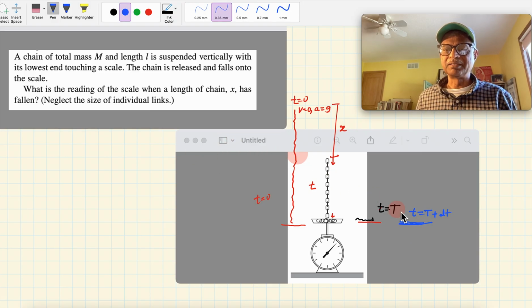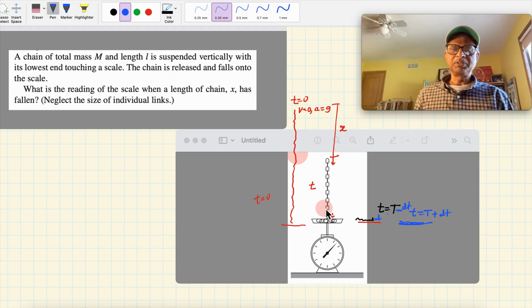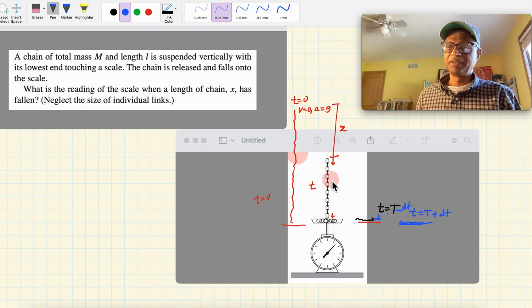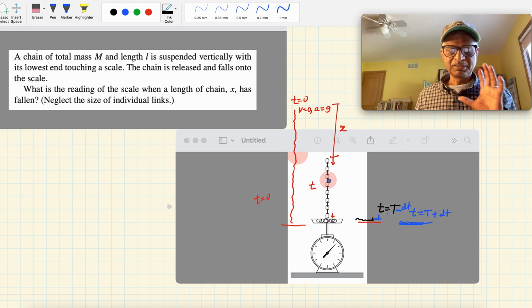T minus, let's call it t minus, t minus is this, t minus dt. This situation is different than that situation, because this very last bit is still falling, okay. So it's still falling some bit. All right. So we need to figure out over here. Are you clear with the setup?